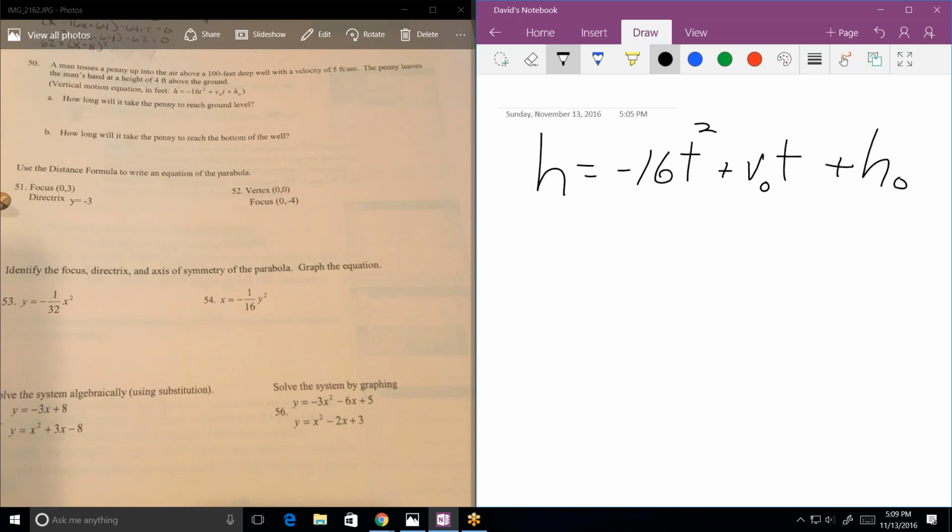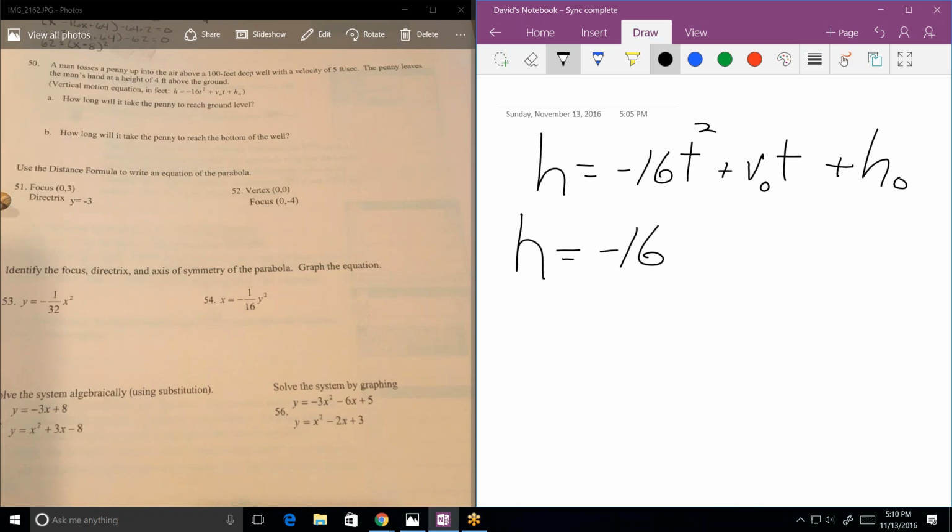Notice that it's always minus 16t squared. v sub 0 is the initial velocity. A man tosses a penny up into the air above a 100-foot deep well with a velocity of 5 feet per second. That velocity is this v sub 0.